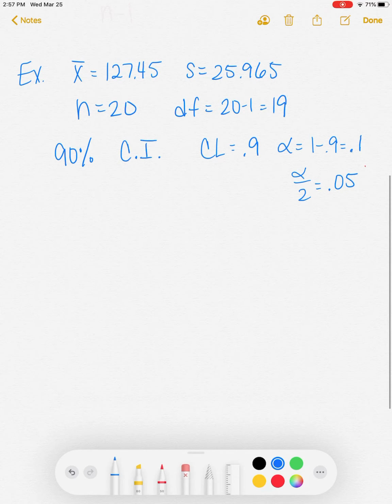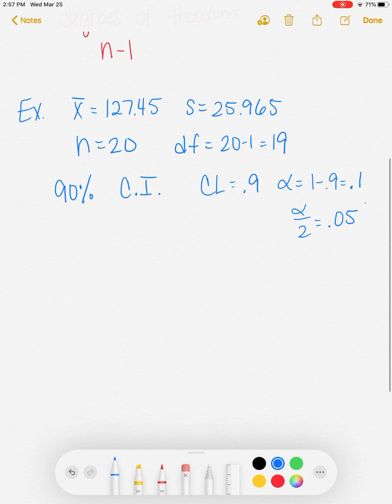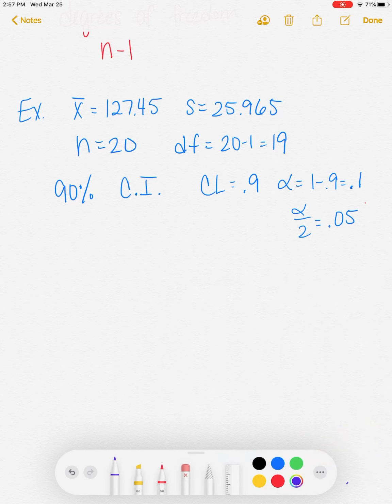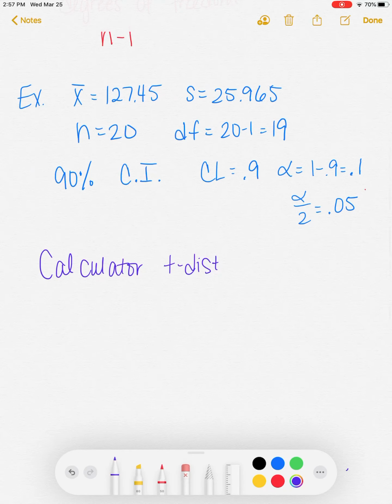Calculator method for the t-distribution. I want you to go over to stat. Hope you have your calculator out. Go to stat and arrow down to tests.